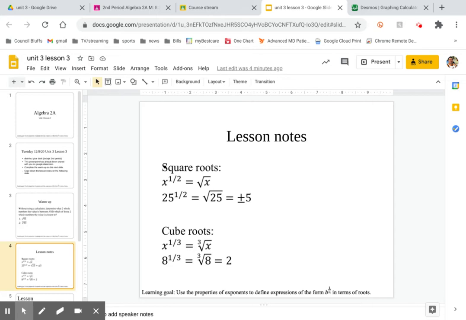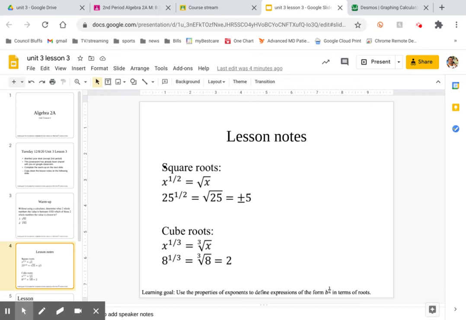So taking the cube root of a number is exactly the same as taking that number and raising it to the power of 1/3. So for example, the cube root of 8, which we know is 2 because 2 times 2 times 2 is 8, is exactly the same as taking 8 to the power of 1/3.